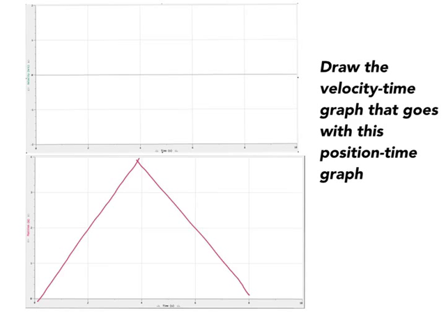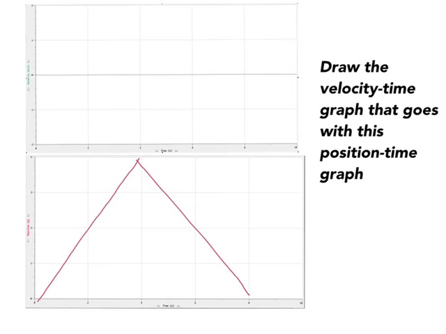In this question, I am already given a position time graph, and I am asked to draw the velocity time graph that goes with it. So first of all, let's describe what exactly is going on in this graph that would draw it like this.